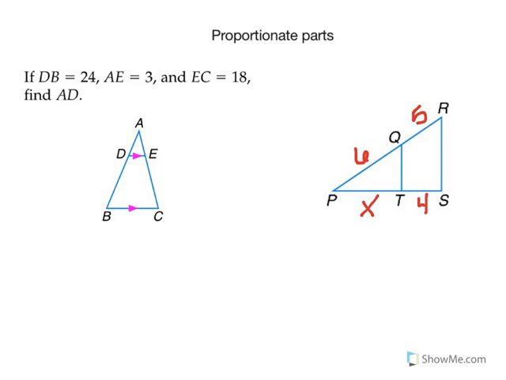All right, so here on number 1, we have DB is 24. We get AE is 3, so I'm going to get me a little tiny 3 in there. EC is 18 and we want to find AD. So I can go ahead and just put an X here.